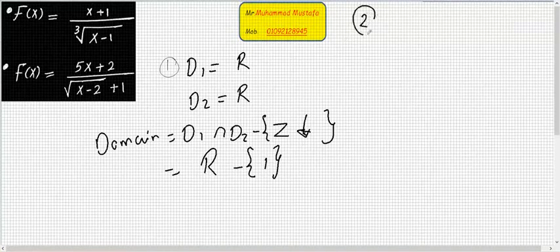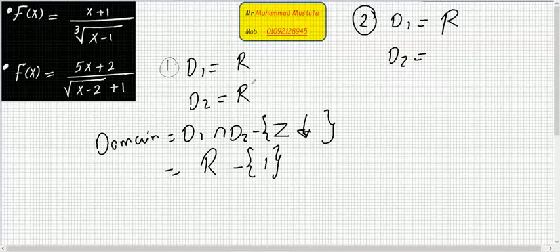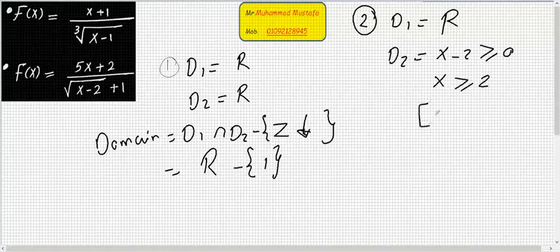The second: we find D1 and also D2. Domain of the numerator equals R. For the domain of the denominator, it is a root function, and here the index of the root is even. We put x minus 2 greater than or equal 0, x greater than or equal 2, from 2 closed to infinity open.